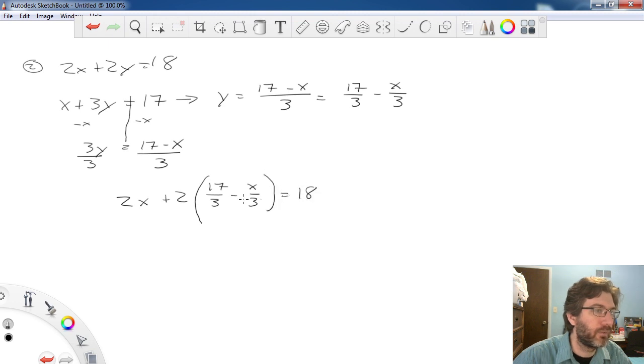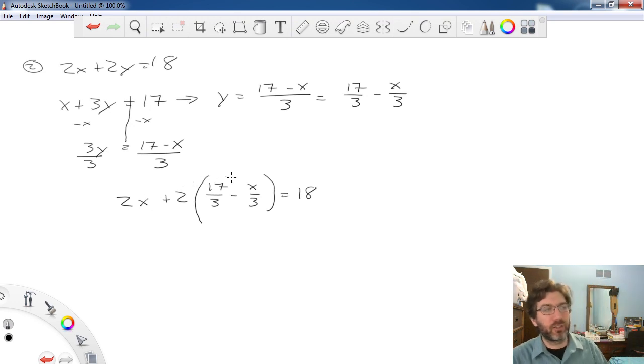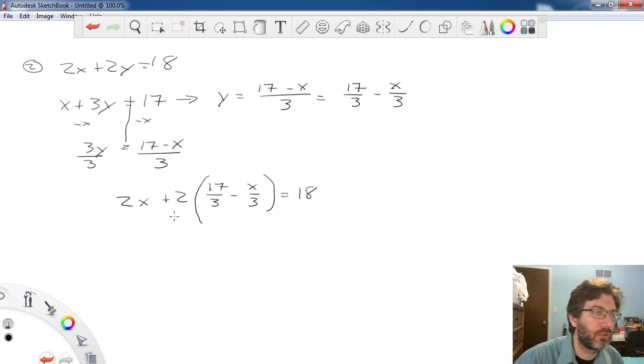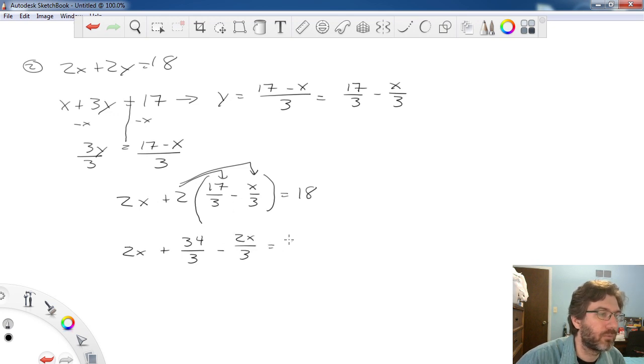Equals 18. So again, you have your distributive property here. You distribute the 2 to each. So in that case, you get 2x plus 2 times 17, which is 34 over 3, minus 2x over 3 equals 18.